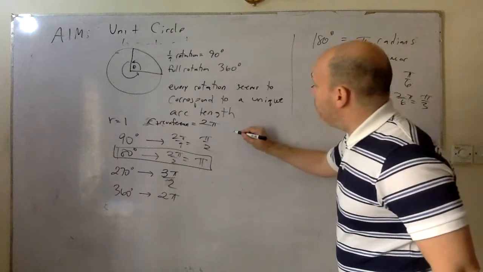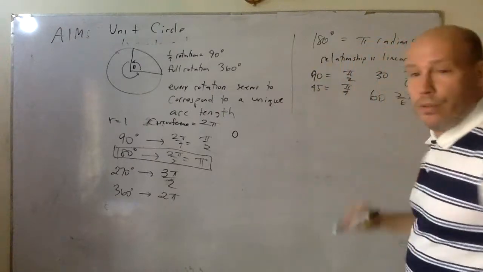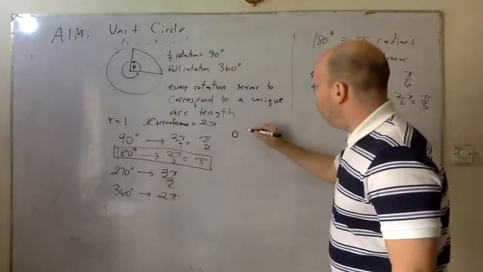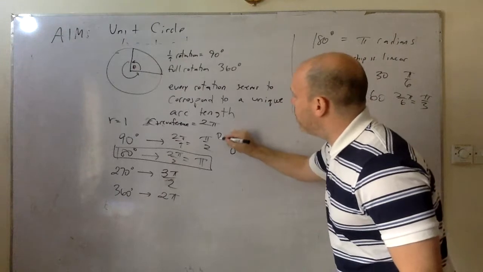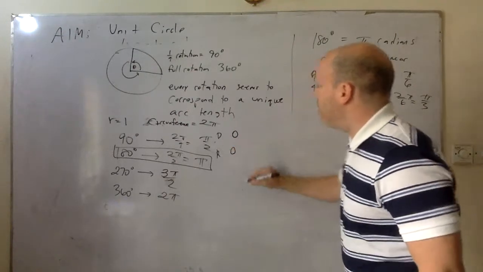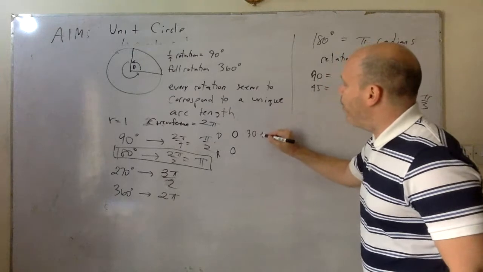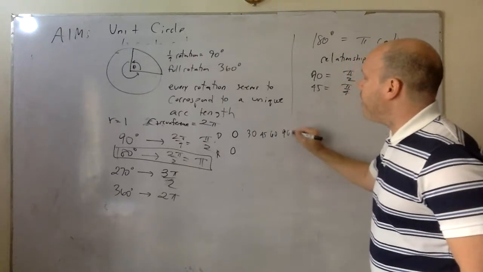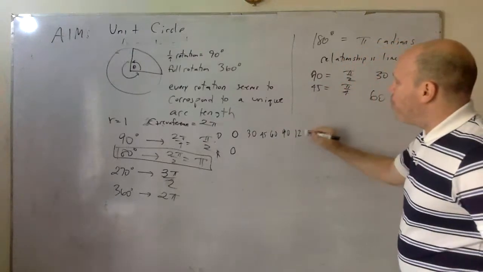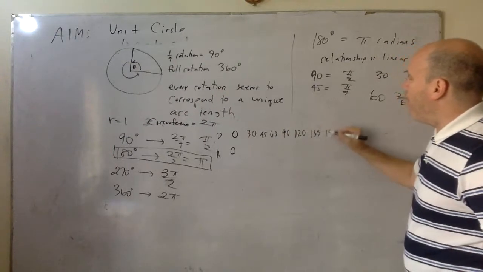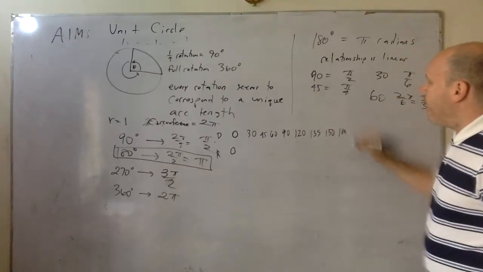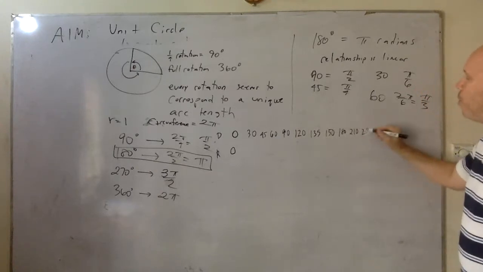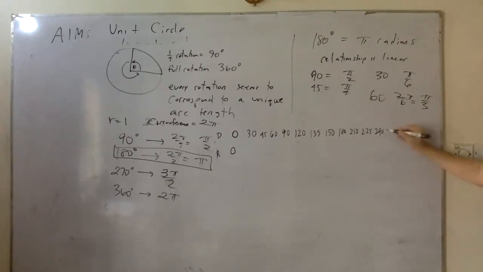So we're going to start with 0, and we're going to go through the special angles. So this is degrees, and this is radians. 0, 30, 45, 60, 90, 120, 135, 150, 180, 210, 225, 240, 270, 300, 315, 330, 360.